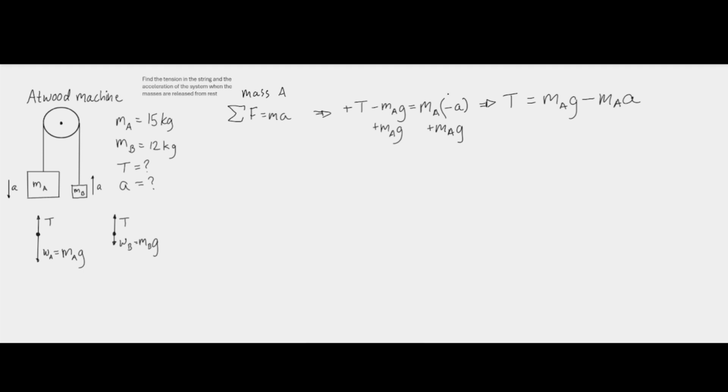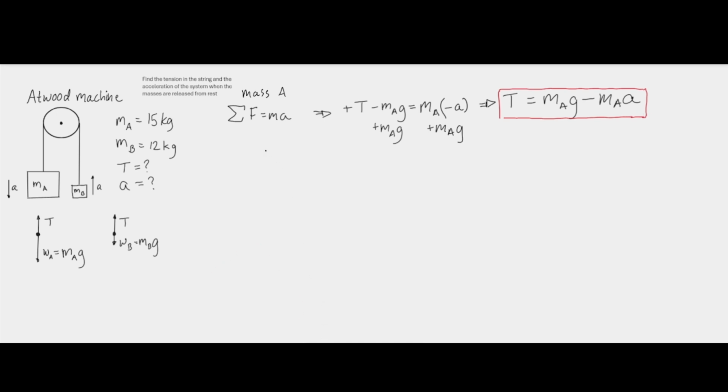So the minus sign I pulled out in front made this whole term negative, and so I put the positive in front, the m sub A times g, and then it's minus m sub A times a. And this is our first equation for this coupled system. And I solved it for T because I know both equations are going to have a common force of T that I can equate in a little bit.